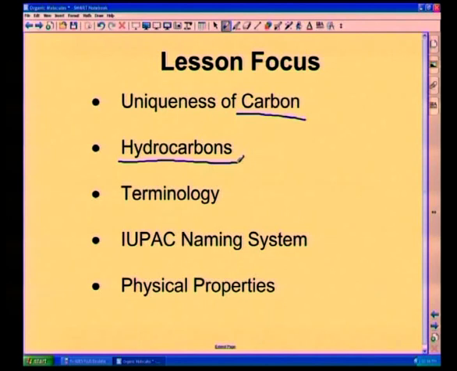We will also be talking about the terminology that is used in the chemistry of carbon, within the whole family of organic chemistry. We will also talk about a system that is used in the naming of organic molecules. And lastly, we will be talking about the physical properties of organic molecules.